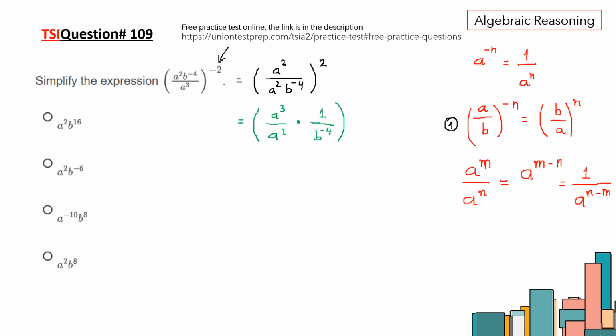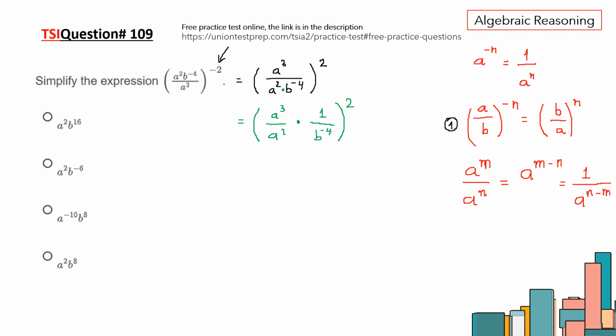So it goes back to whatever we had at the first step right there. a to the power of 3 times 1 is a cubed, over a squared times b to the negative 4, and then don't forget the square. In the second step, I just break it down.